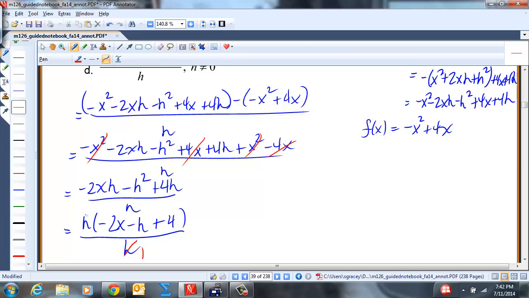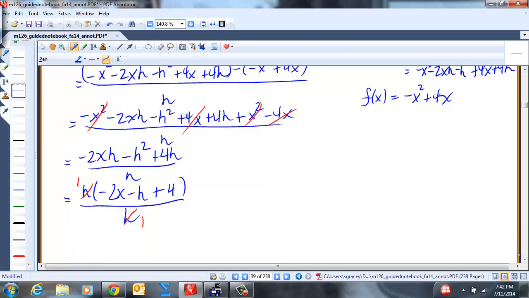So the h's divide out, and we'll have negative 2x minus h plus 4. And we're done. We've simplified the difference quotient.